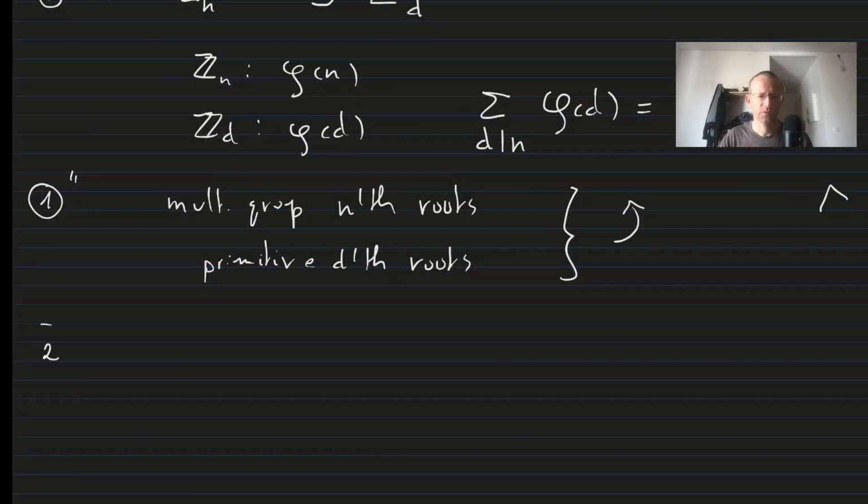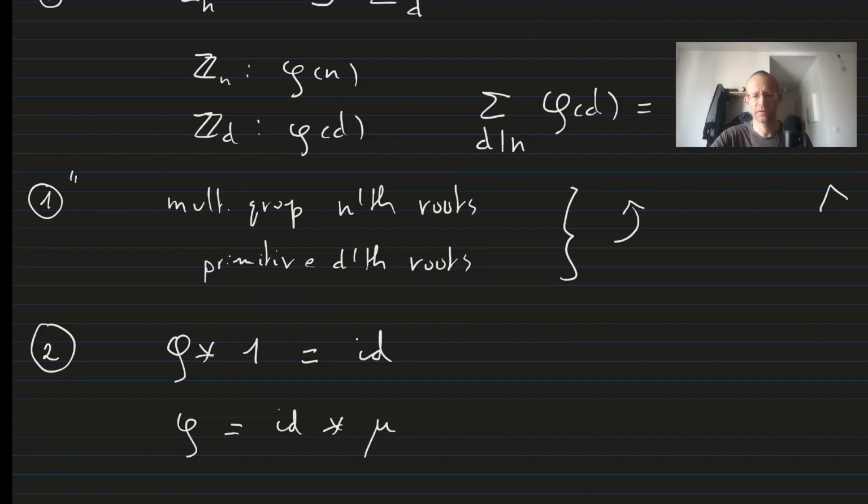Now a second proof goes through the observation that we just proved that phi star the constant function 1 is equal to the identity function, which maps n to n. And then by Möbius inversion, we have that phi is the identity convoluted with the Möbius function. This is by Möbius inversion.